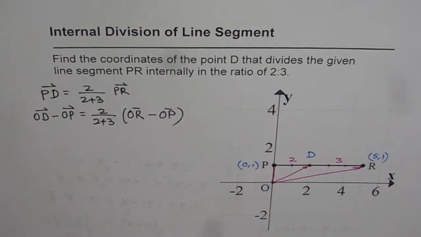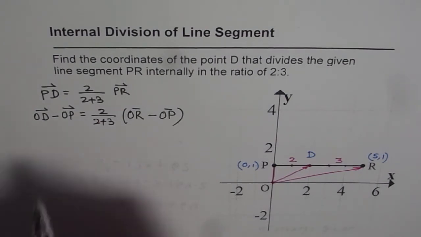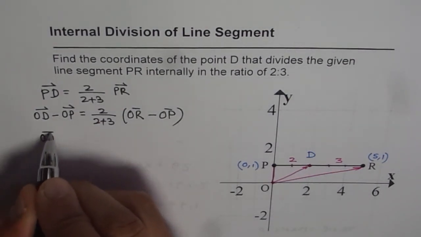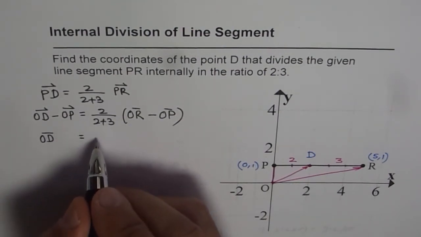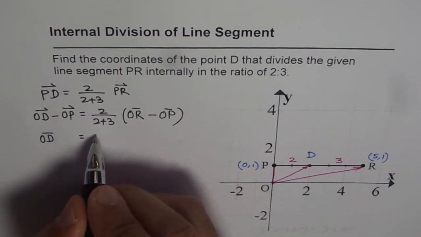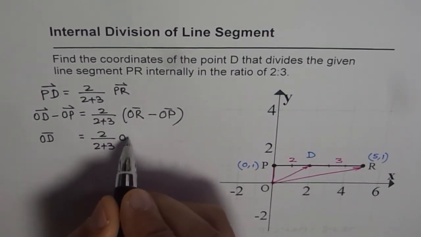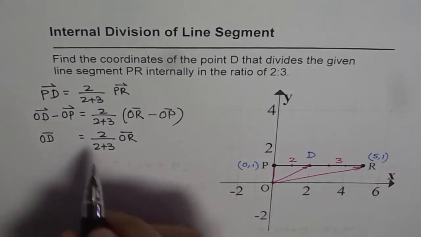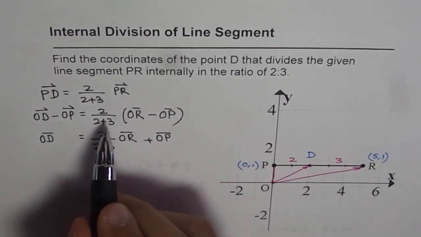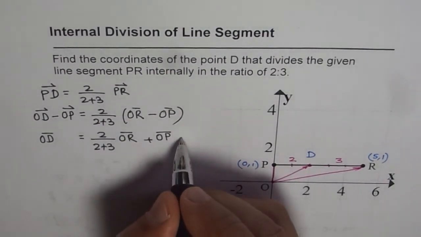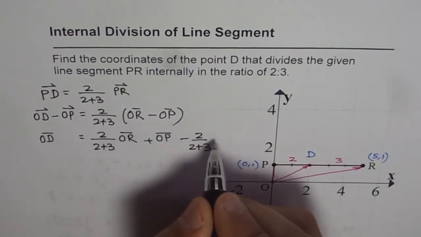So from here we can isolate OD and get the value of OD. So we get OD equals, let's take OP on this side. So we have 2 over 2 plus 3 OR. Let me write OP first, plus OP, and then minus 2 over 2 plus 3 OP.